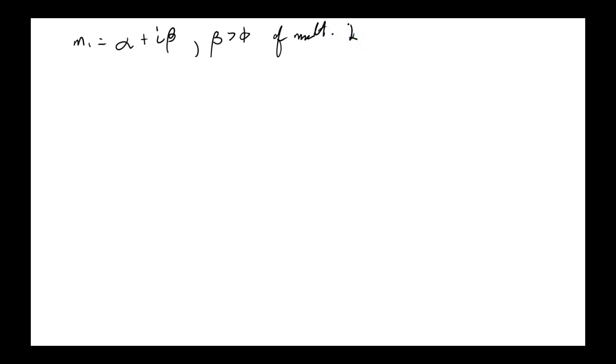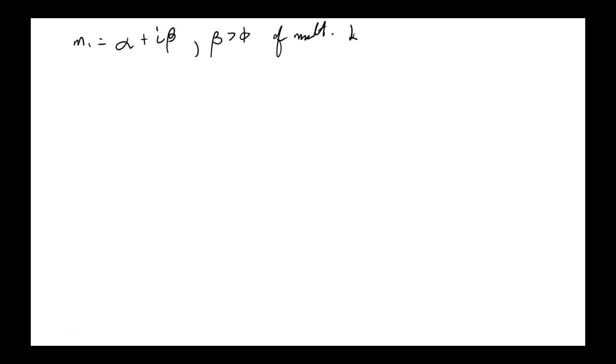In other words, there are k of those identical roots, just like we had in example 4. In example 4, alpha was 0 and beta was plus 1 in 2 cases and minus 1 in the other 2 cases. So that's a complex root of multiplicity k of an auxiliary equation with real coefficients.